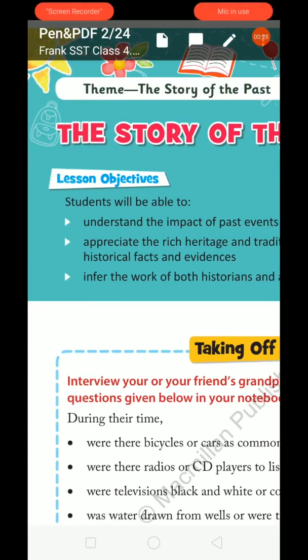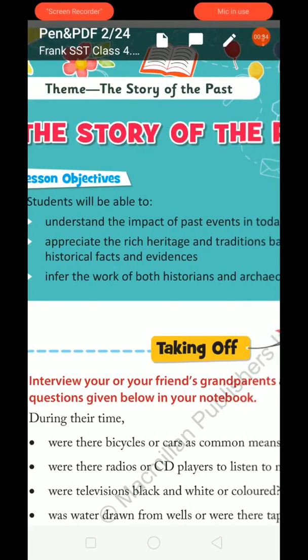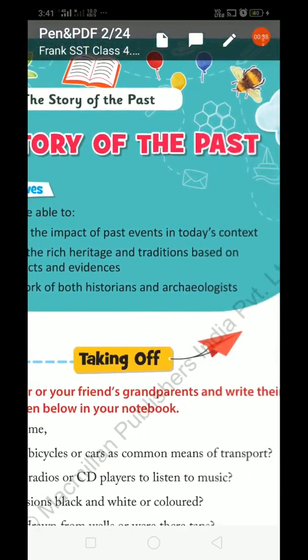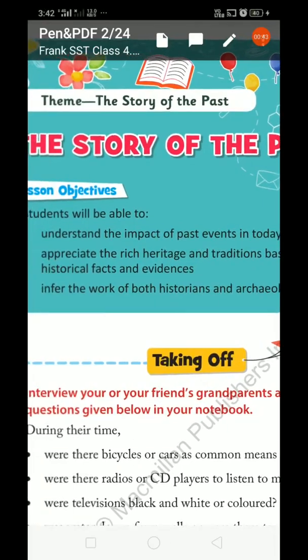Lesson objective. The student will be able to understand the impact of past events in today's context. Impact means क्या प्रभाव है, क्या असर है.